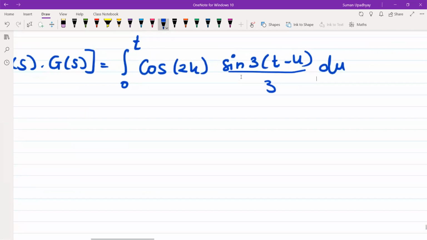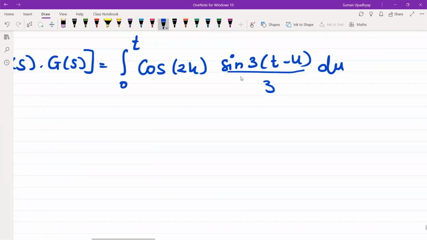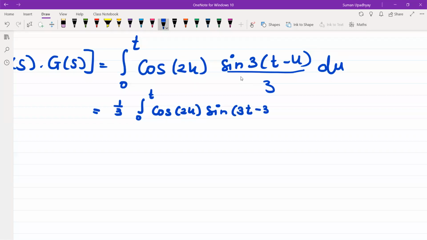So 1 upon 3 is a constant, so I can keep it outside. It is going to be 1 upon 3 integration from 0 to t of cos 2u into sine, and I'll multiply 3 inside, so it becomes sine (3t minus 3u).